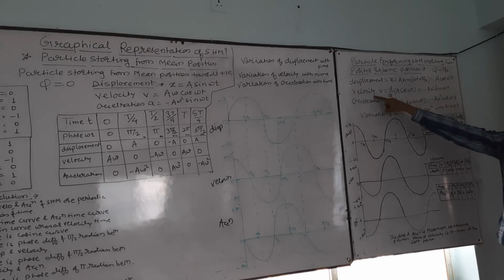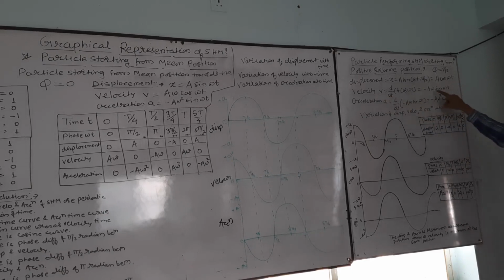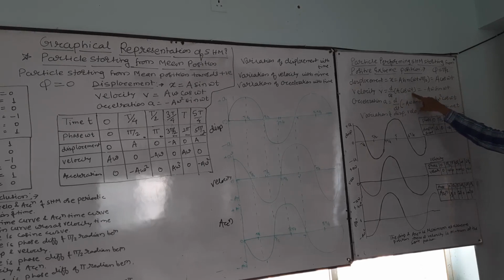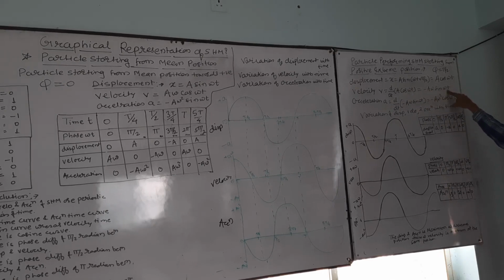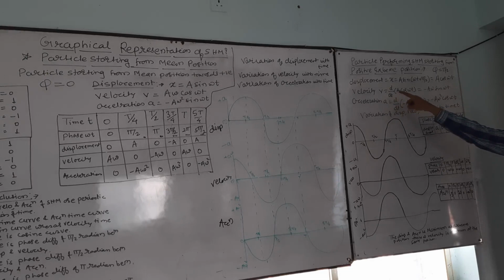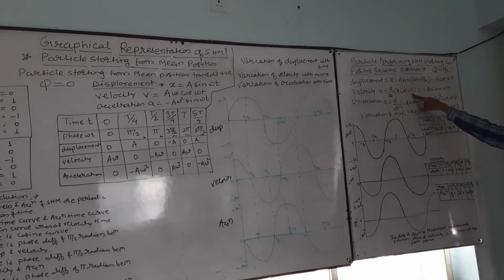Then you have to find velocity. Velocity v is equal to dx by dt. Therefore d by dt of a cos of omega t, its differentiation is minus a omega sin of omega t.